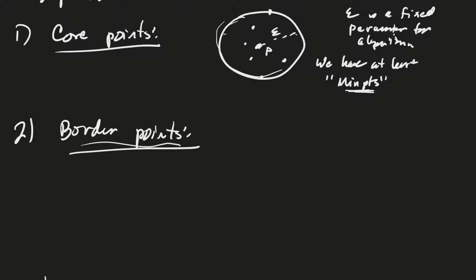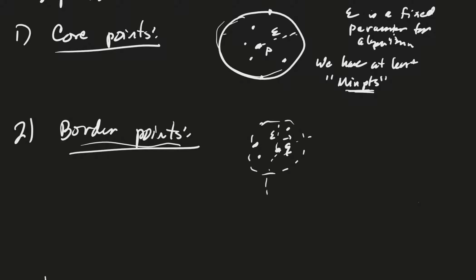Now a border point is a point where, if you draw an epsilon neighborhood about it, so this is my point Q, and I've got epsilon here, it's not going to have min points. There's not enough points within the epsilon neighborhood.